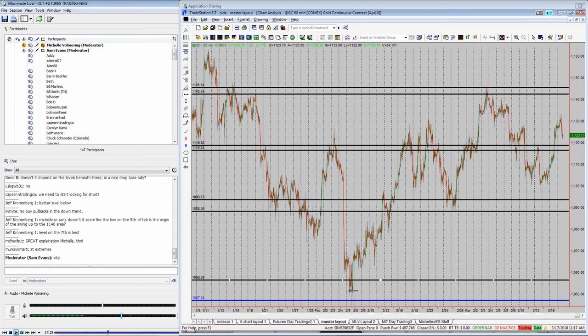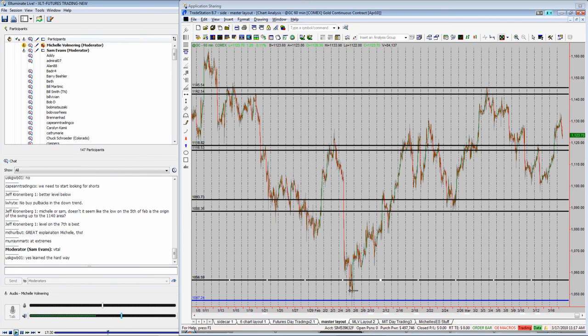This is absolutely critical, that if you want to avoid continuously being stopped out, and you don't want to keep taking trades on every little demand level, that you're buying the pullbacks only at demand levels when you're in an uptrend.